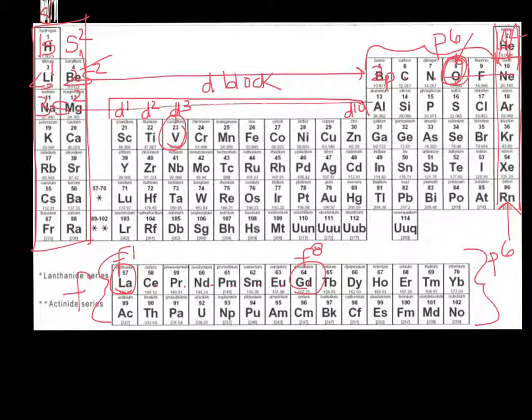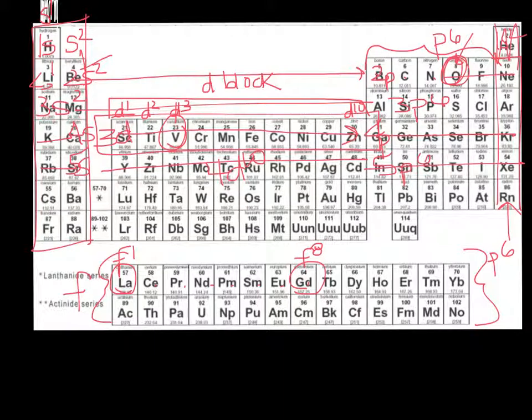Then 3p6. Then 4s2. And if you remember, they didn't fill quite in order. After 4s2, it went back and filled 3d up to 10. Then 4p6. Then 5s2. Then 4d10. Then 5p6. In other words, the table's organized in the order that the electrons actually fill their shells. 3d doesn't come until after 4s.